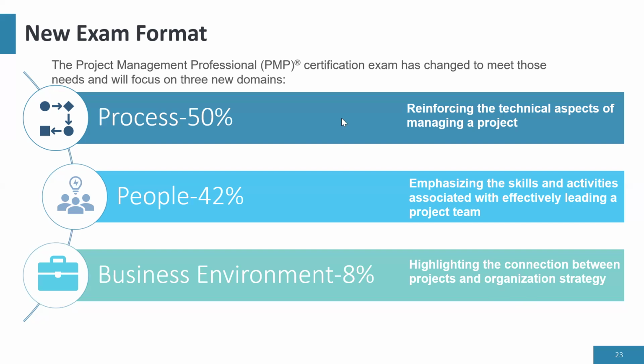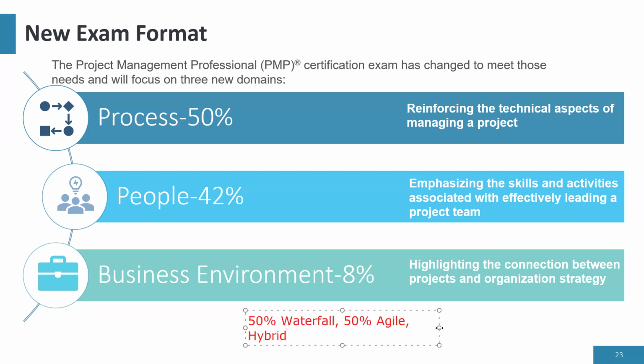Now, these domains are further divided into two parts. And what is that? 50% of the exam is based on waterfall, and 50% is based on agile and hybrid. Now, remember, since 2021, PMI has introduced agile and hybrid.